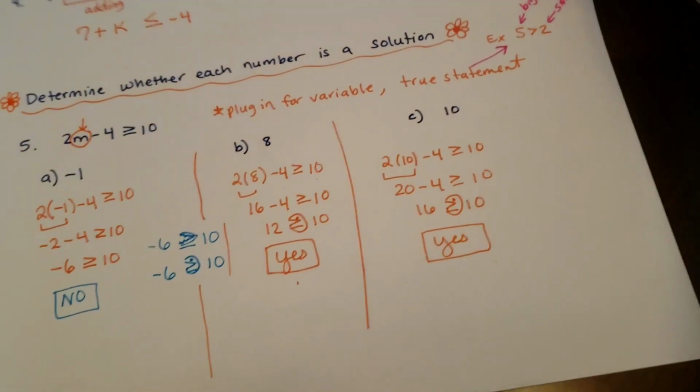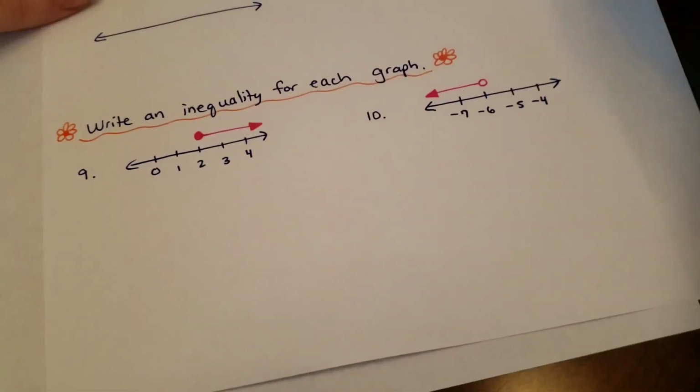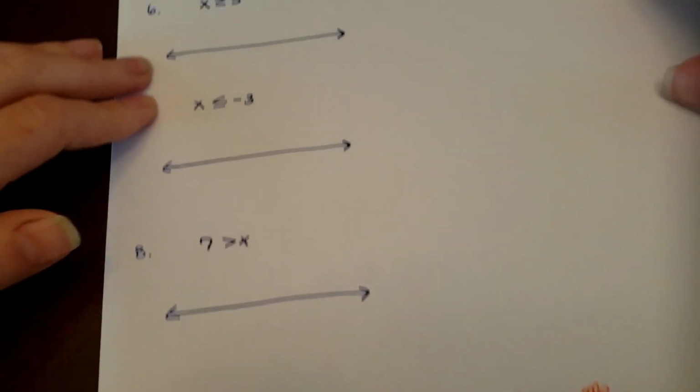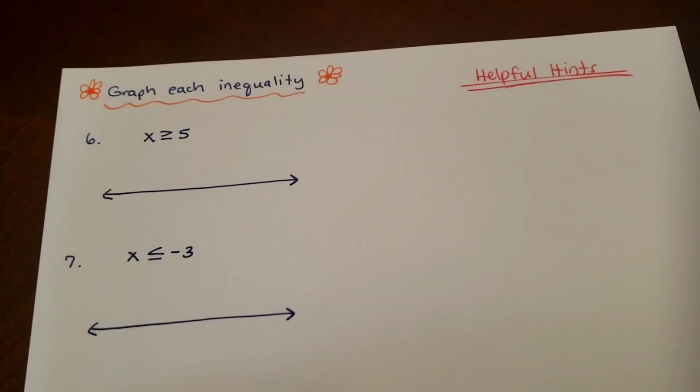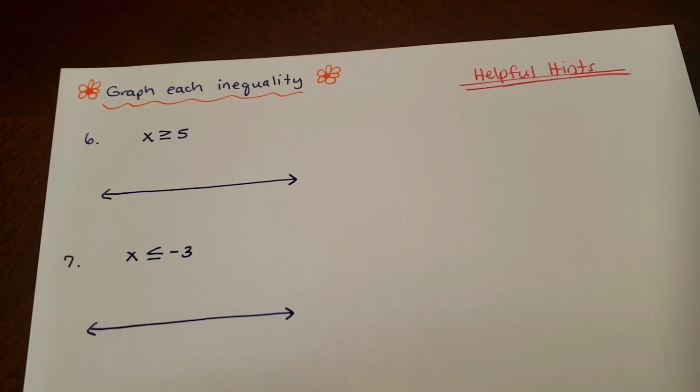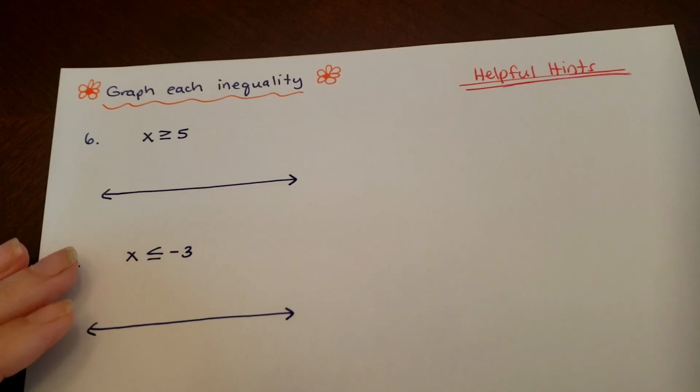All right. Our next set of examples are going to include graphing. So we're going to just quickly graph these couple of questions. So a couple things for graphing though. We have some rules that we need to just, again, keep in mind.